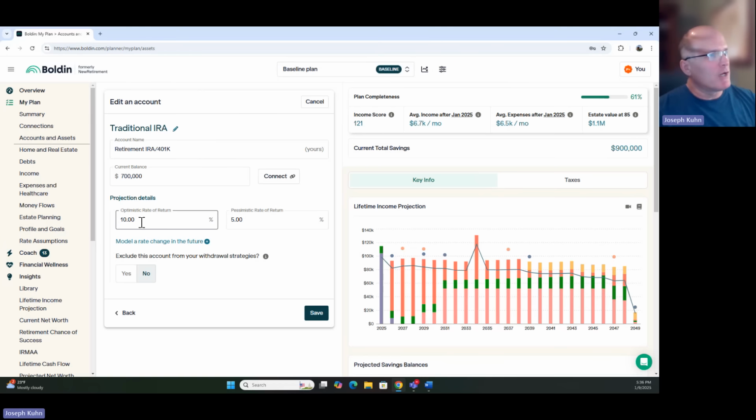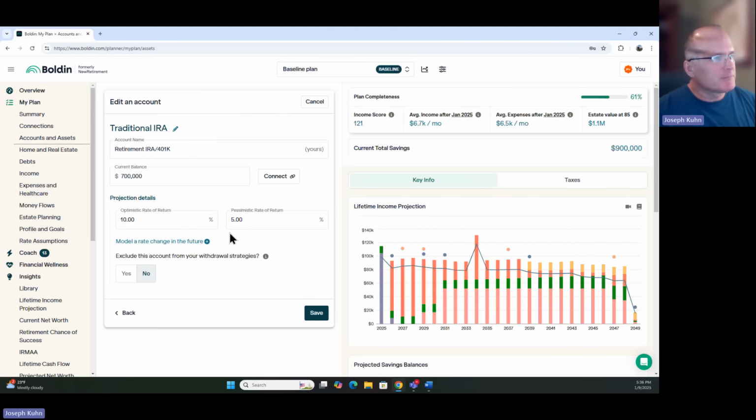And then when they go in retirement, they just want to be conservative and they put 6 in here. And then it says they need to work 1 more year or 2 more years or 3 more years because they put a number down here that's really conservative. Well, Boldin allows you to toggle between that with pessimistic. With pessimistic, we'll pick 5. Try to be accurate here.